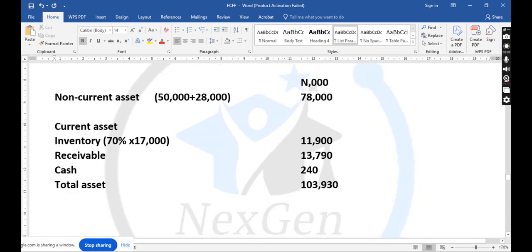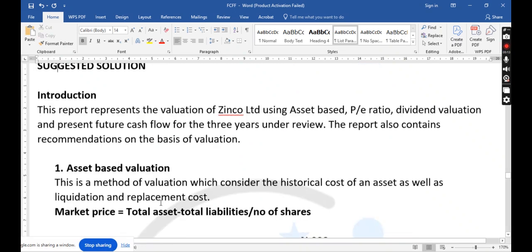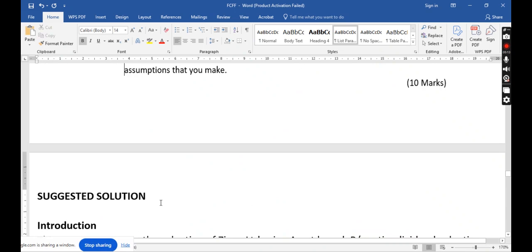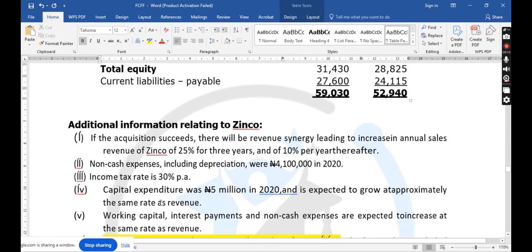So the next one is total liability. The total liabilities, right? So we need to check. We need to go back. Total liabilities, right?